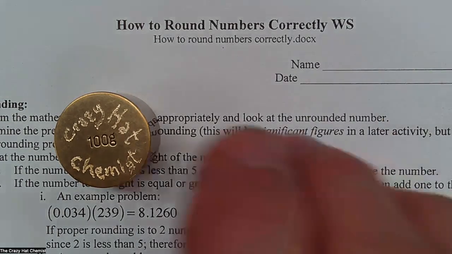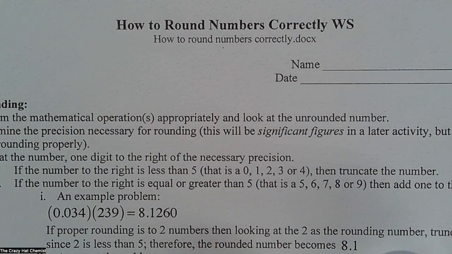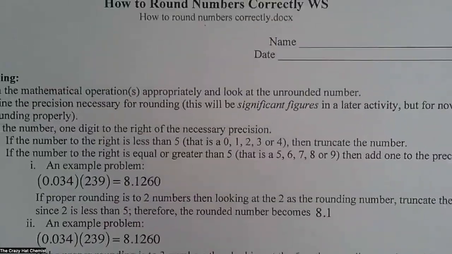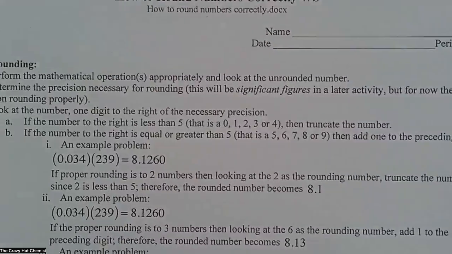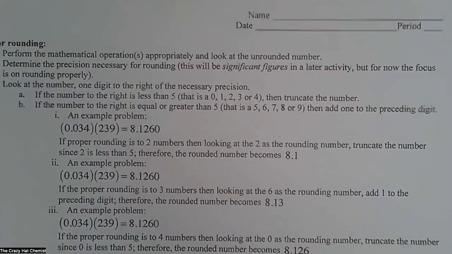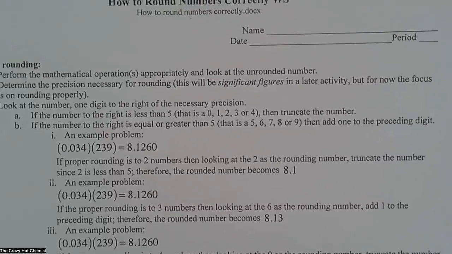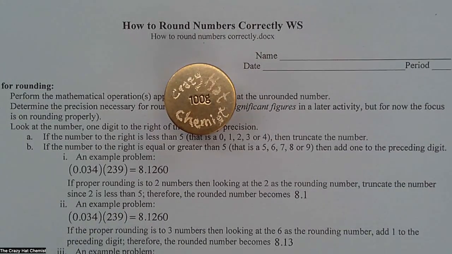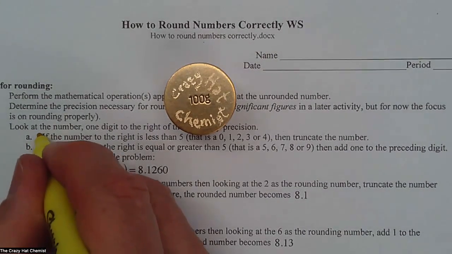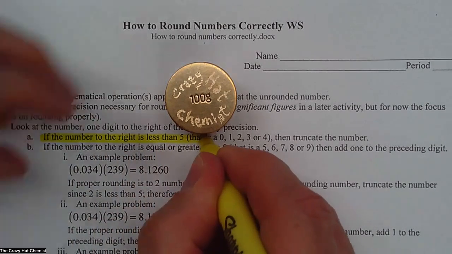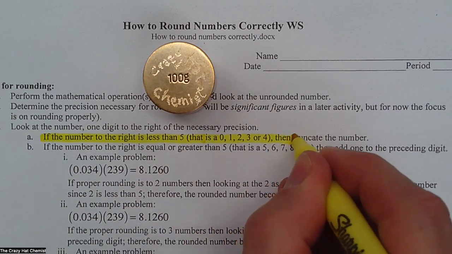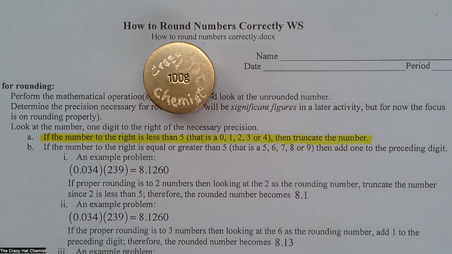It's really simple. We've got 2 rules to cover here. Rule number 1 is if the number to the right is less than 5, that is a 0, a 1, a 2, a 3, or a 4, then you're going to truncate or chop the number.